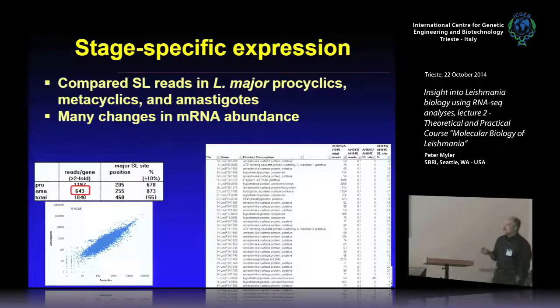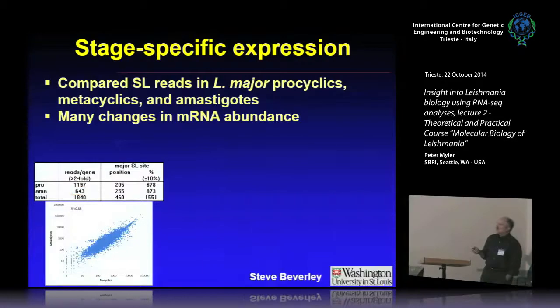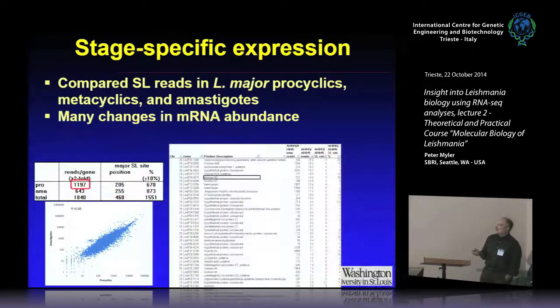If you look at the amastigote-specific proteins, and I don't know who can read this, I can, all of these guys are amastins. So that's to be expected. If I go back a slide here, these are things that are upregulated in promastigotes, and we find paraflagellar rod proteins. So many of these things made sense.